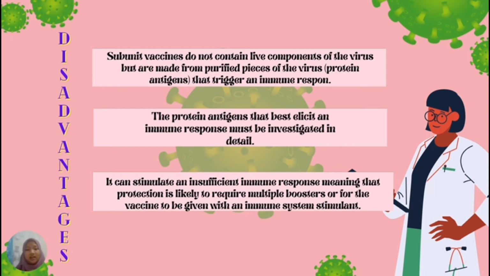The protein antigen that best elicits an immune response must be investigated in detail. Also, it can stimulate an insufficient immune response, meaning that protection is likely to require multiple boosters or for the vaccine to be given with an immune system stimulant.